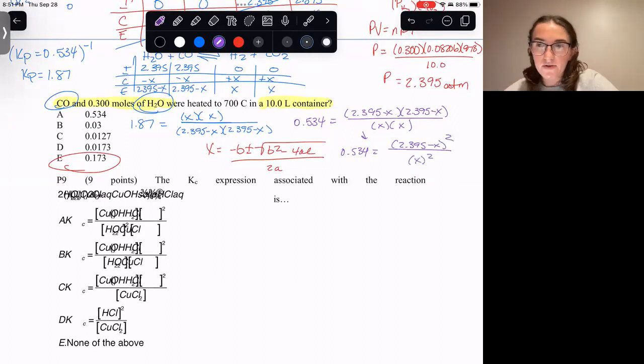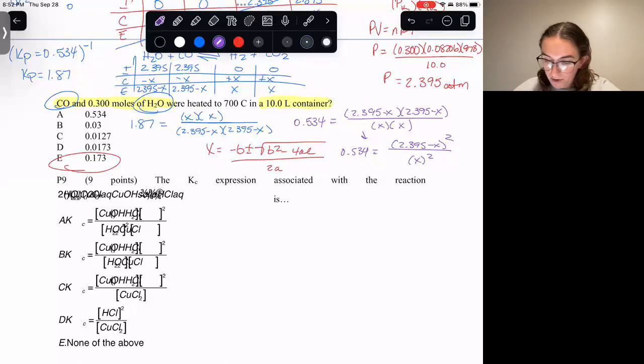I do believe that will give you the same answer since both the top and bottom are squared. You can take a square root and that'll just get you a singular x, then you don't have to use the quadratic formula. I just tend to do the quadratic formula by habit.